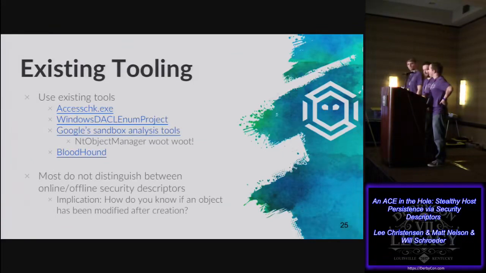When I first started enumerating the different objects for this talk, I was doing it manually, and then I came across his tool and realized I'd wasted like a week of my time. I was like, I'm just going to let James Forshaw do it. He's going to do much better than I ever could. And then BloodHound can also be used specifically for Active Directory objects.